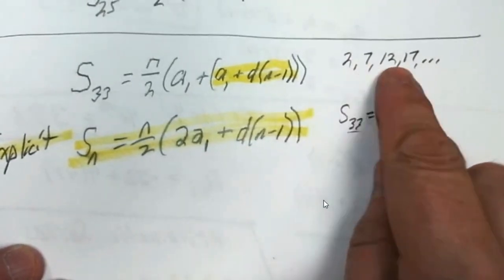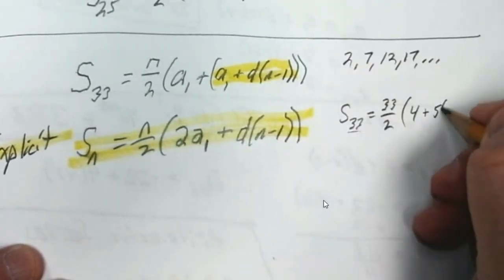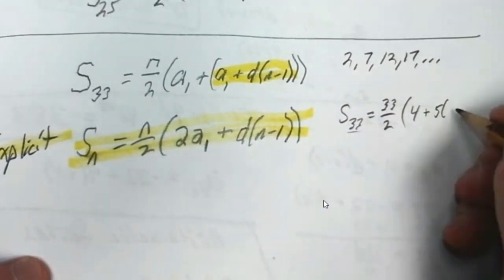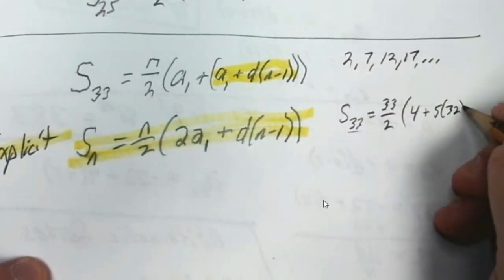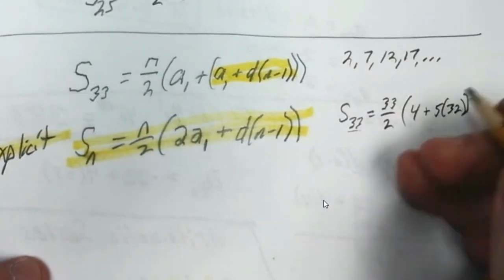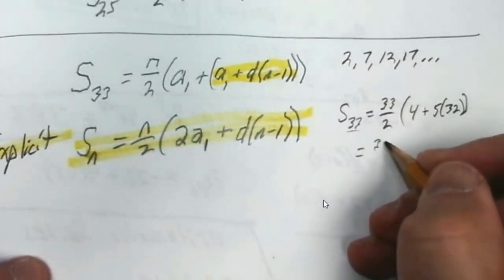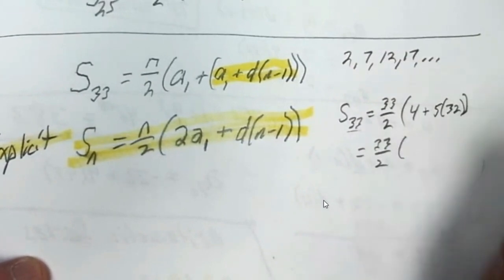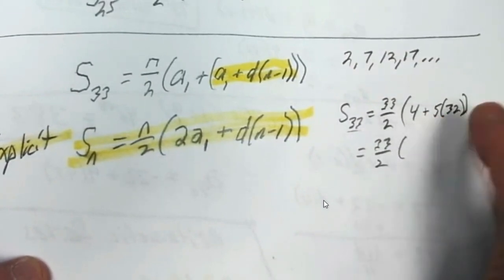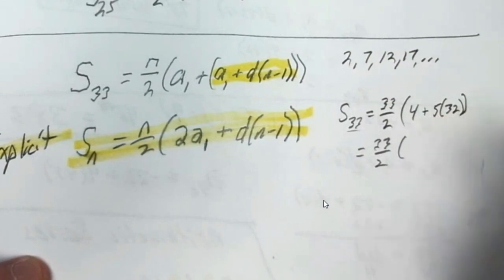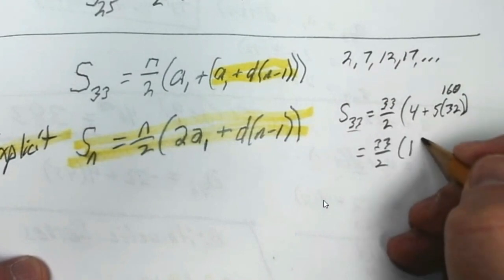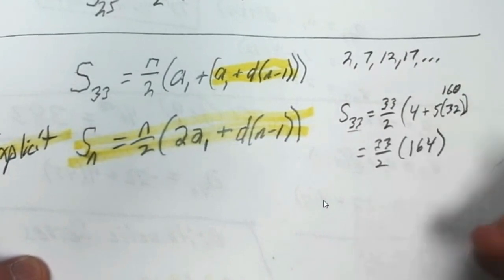We can see the common difference. It's 5 times n minus 1. Again, n was 33. So it's 32. So it's 33 halves times 4 plus 5 times 32. Well, 5 times 32, that's 160. So this is 164.